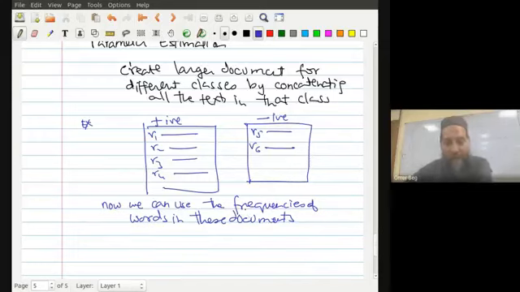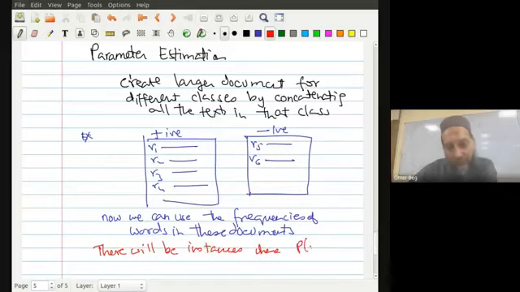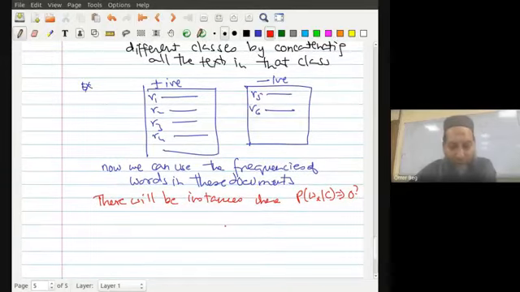But remember, as earlier, there are going to be many words, and there will be instances where the probability of some word X for a particular class is going to be 0. What are we going to do with that? Let's say, for example, we have a set of positive words, but the word fantastic does not come into the positive words.